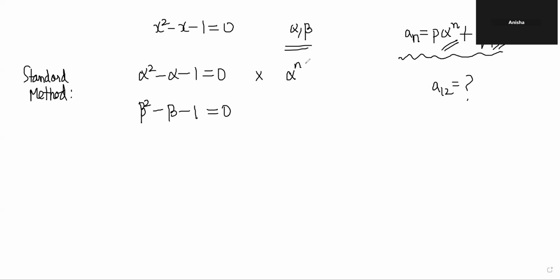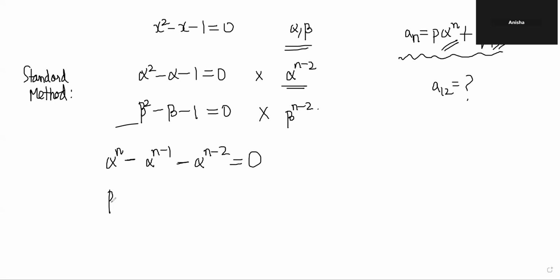I need to multiply it with alpha power n minus 2, right? And here also I'll multiply by beta power n minus 2, right? So these two equations will start looking like alpha power n minus alpha power n minus 1 minus alpha power n minus 2 is 0. And this will be beta power n minus beta power n minus 1 minus beta power n minus 2 is 0, right? Yes, sir.